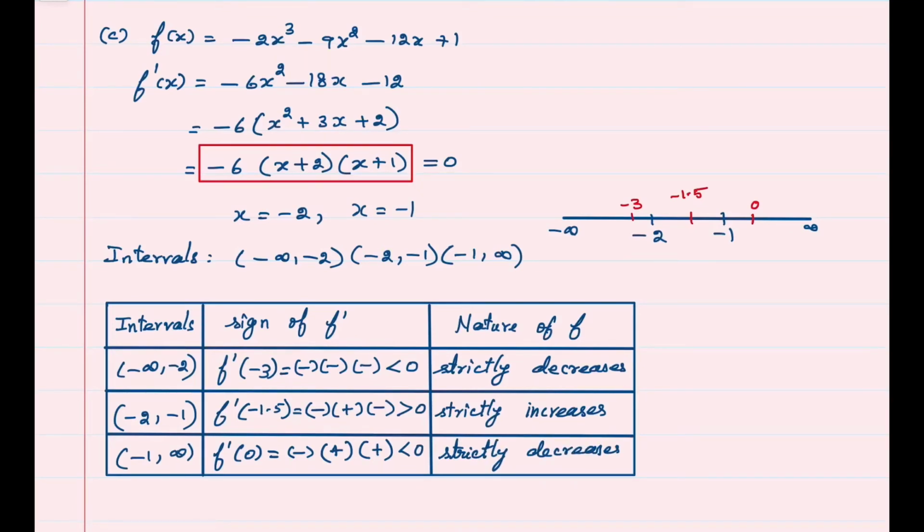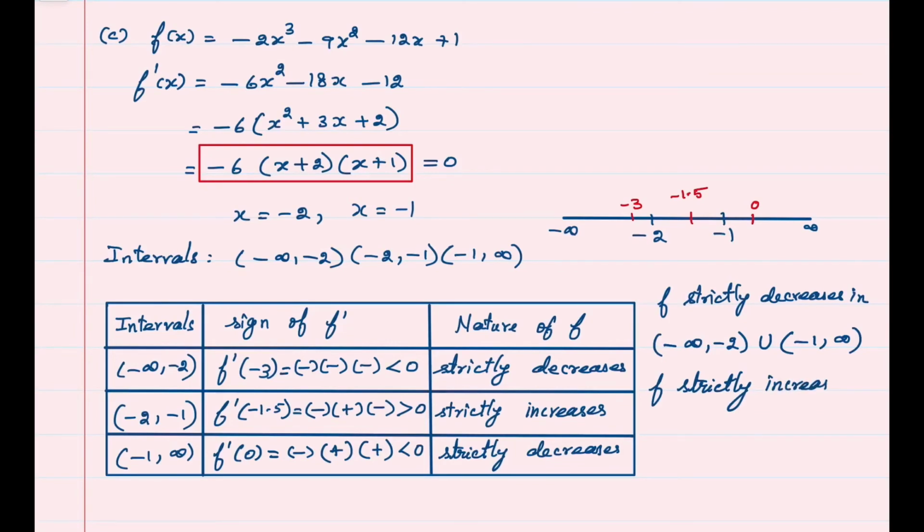Now, we will write the conclusion. F strictly decreases in the open interval minus infinity to minus 2 and the open interval minus 1 to infinity, and f strictly increases in the open interval minus 2 to minus 1.